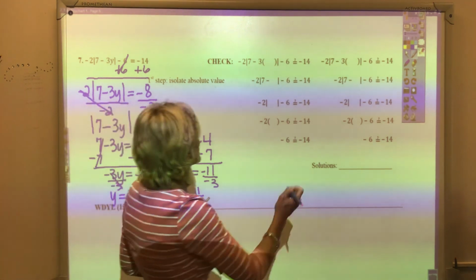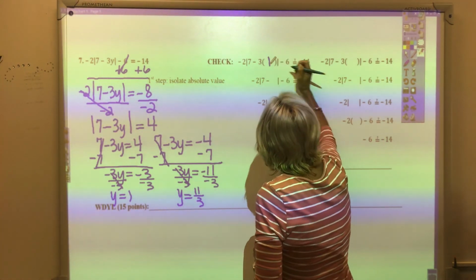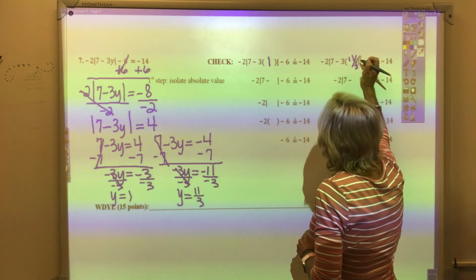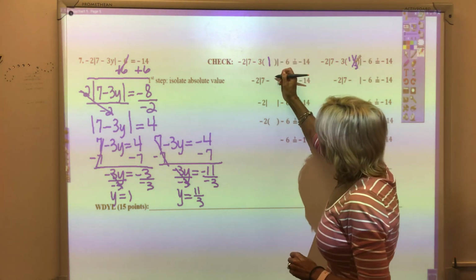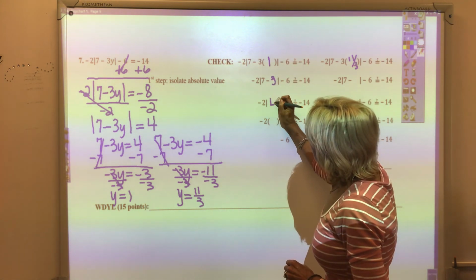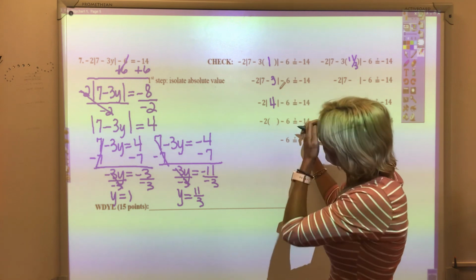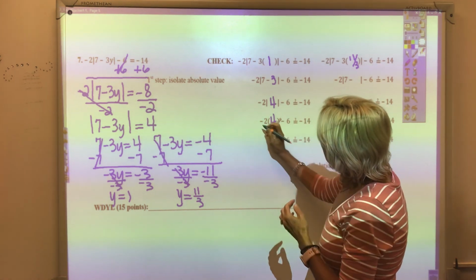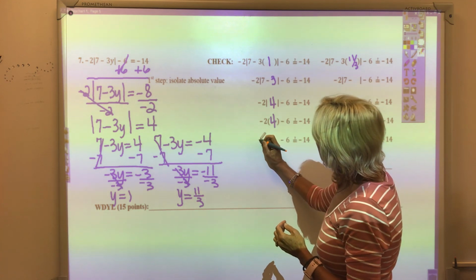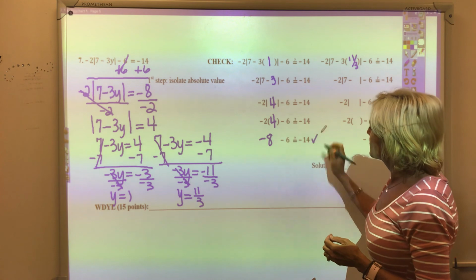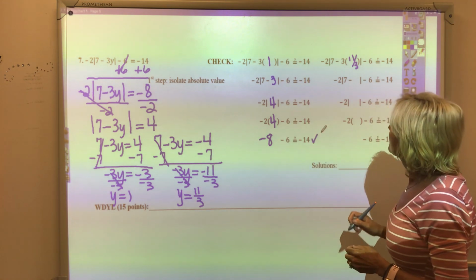So we're going to test 1 and 11 thirds. So 3 times 1 gives us 3. 7 minus 3 gives us 4. The absolute value of 4 is 4. Negative 8 minus 6 does equal negative 14.